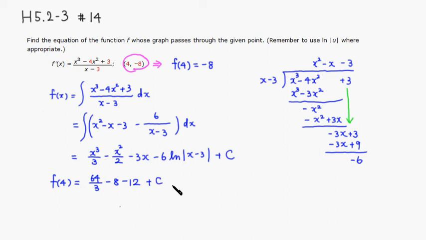You have 64 over 3 minus 8 and minus 12, so minus 20. With a common denominator of 3, 64 is already there, and minus 20 is the same thing as minus 60 over 3.